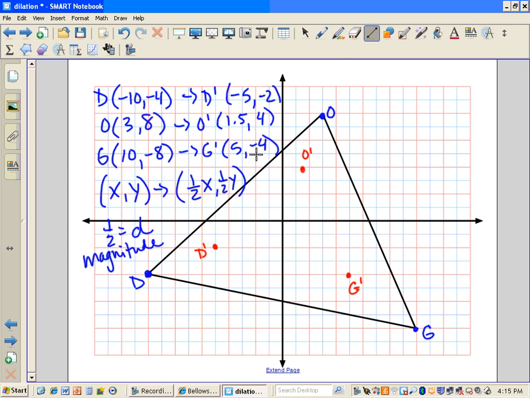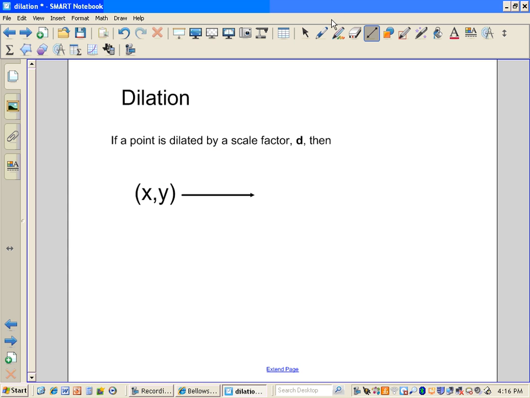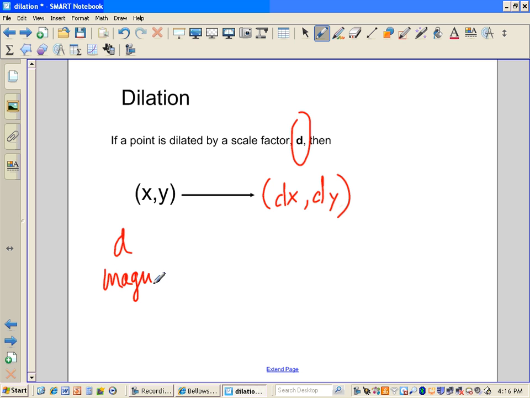And so with my line, I can quickly grab those, and I'm off. So the way we write this with a scale factor of D is what I showed you before, D times x, D times y. D is also sometimes called the magnitude. You might see that in places.